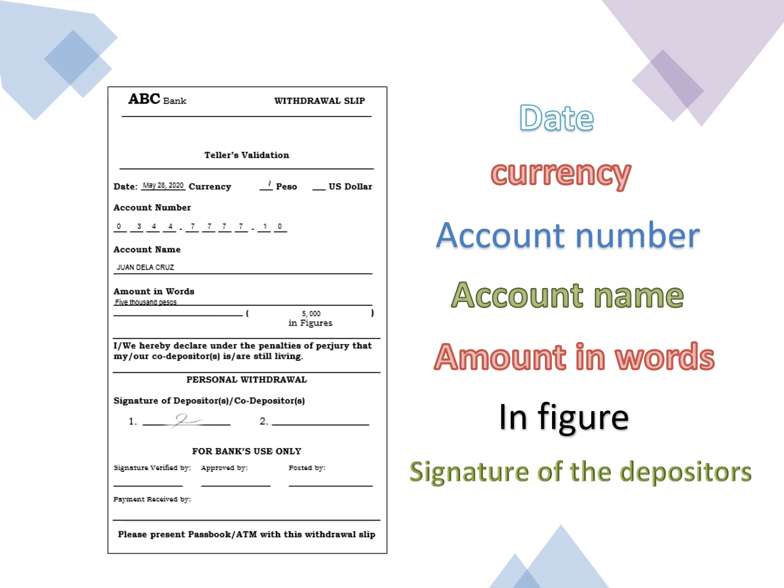So, under we have the statement, we hereby declare under the penalties of perjury that my or our co-depositors are still living. Okay, so magkakaroon ka ngayon ng personal withdrawal signature of depositors or your co-depositors.